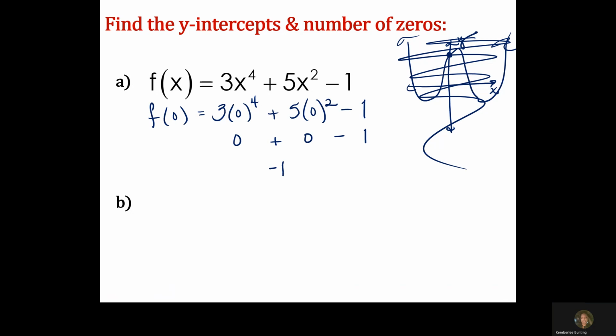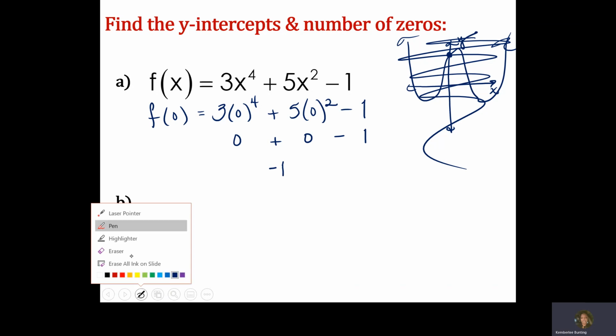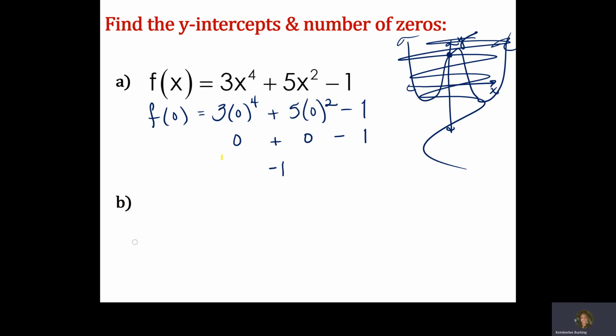Right? Now, look back at that equation, young people. The only term that does not have a variable is -1. Looky there. Young people, the constant term of a polynomial will be where it crosses the y-axis.